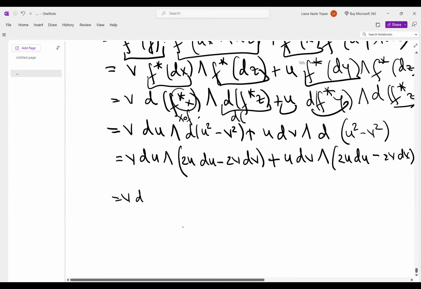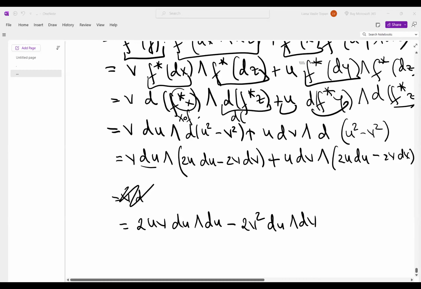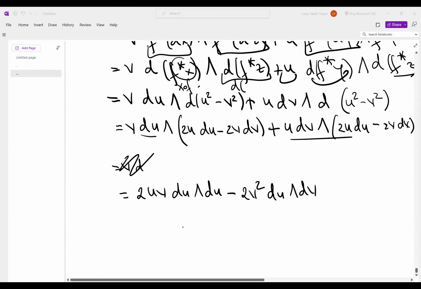So let's multiply here. This is 2uv du wedge du minus 2v squared du wedge dv, plus 2u squared dv wedge du minus 2uv dv wedge dv.